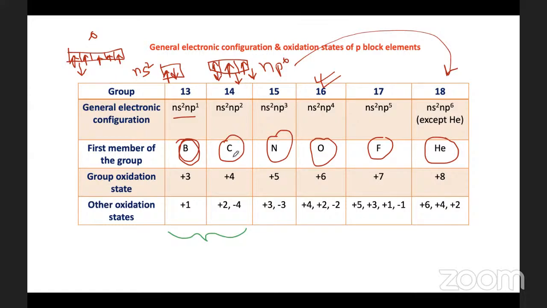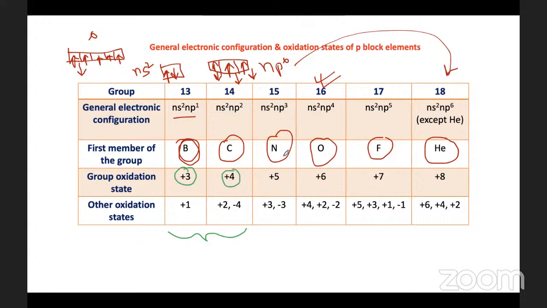Now, there is a trick by which you can understand how to assign the oxidation state for the elements of each group. First is the group 13 element. So the most common oxidation state for the element will be +3. For group 14, the oxidation state will be +4.